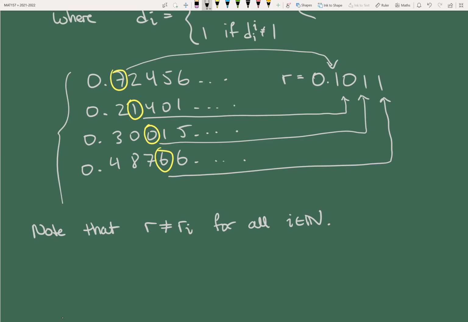The ith decimal place of R and R sub i are different. So these two numbers can't be equal. And therefore, you've now constructed a real number which is not in the list, and that's a contradiction.